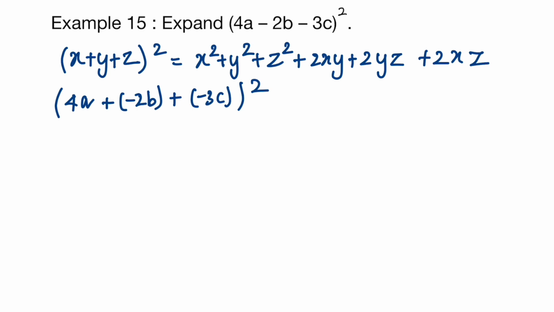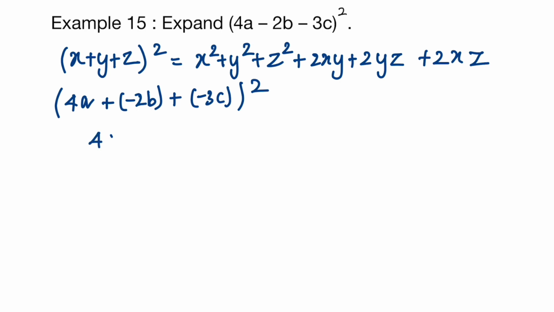Okay, so now it is of the form x plus y plus z the whole squared, right? So all you have just done is you have expressed it in terms of plus signs and you have assumed minus 2b to be y and minus 3c to be z.